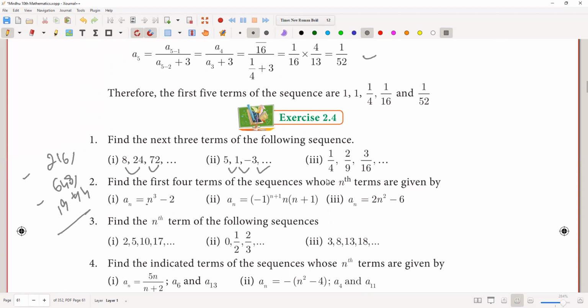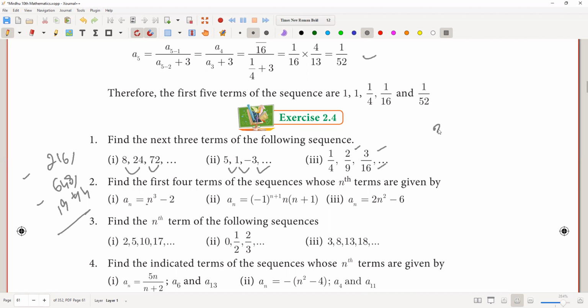Okay. 1 by 4, 2 by 3, 3 by 16. Can we check whether there is a sequence in this? n is 2, this is 2 plus 1 whole squared. 3, 3 plus 1 whole squared.